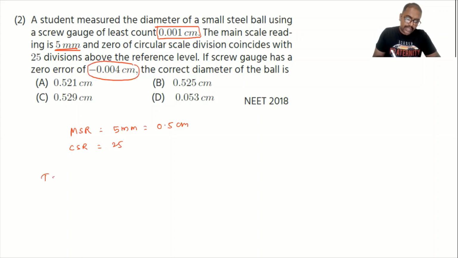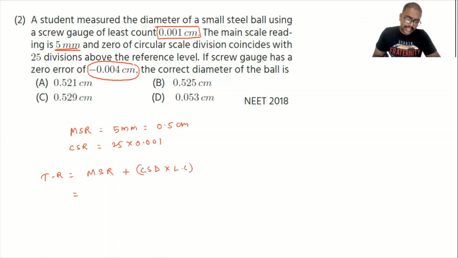So we can write total reading as main scale reading plus circular scale division multiplied by least count, which is the circular scale reading.